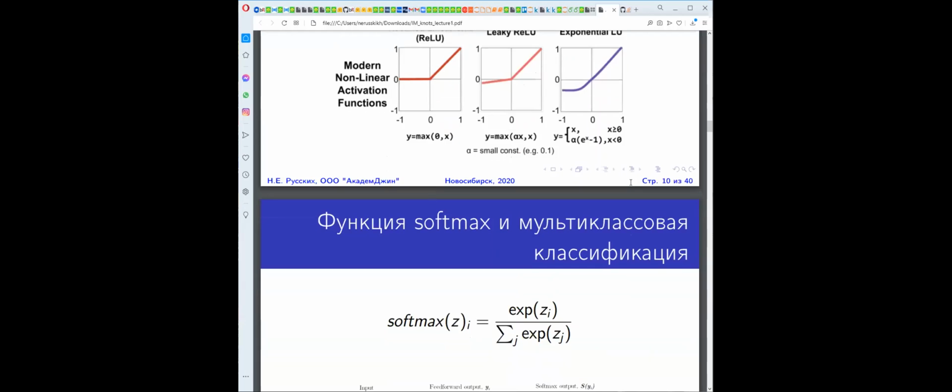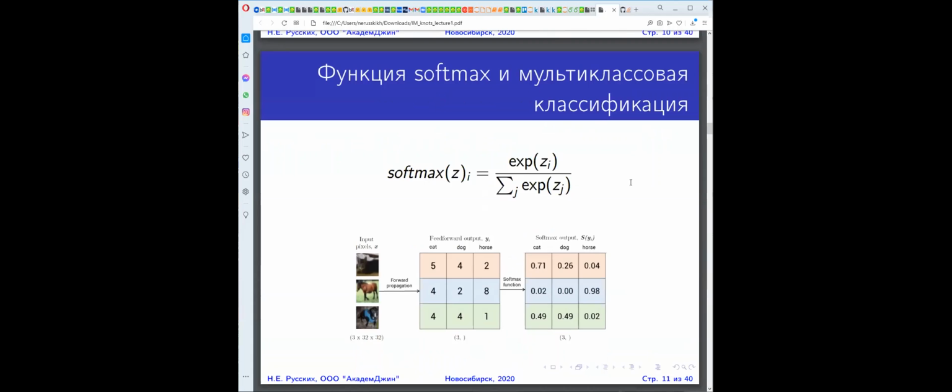Cool. Speaking of activation functions, I'd like to consider one special case, which is usually applied at the final layers in multi-class classification settings. It is called softmax.